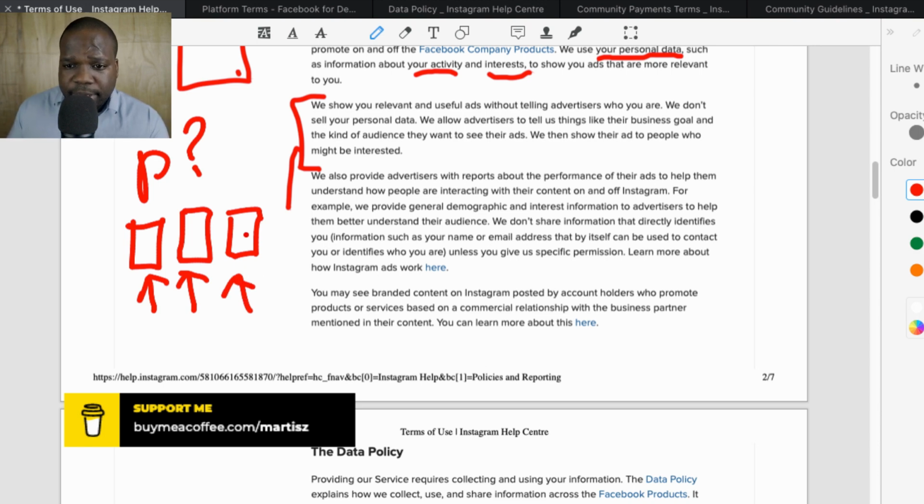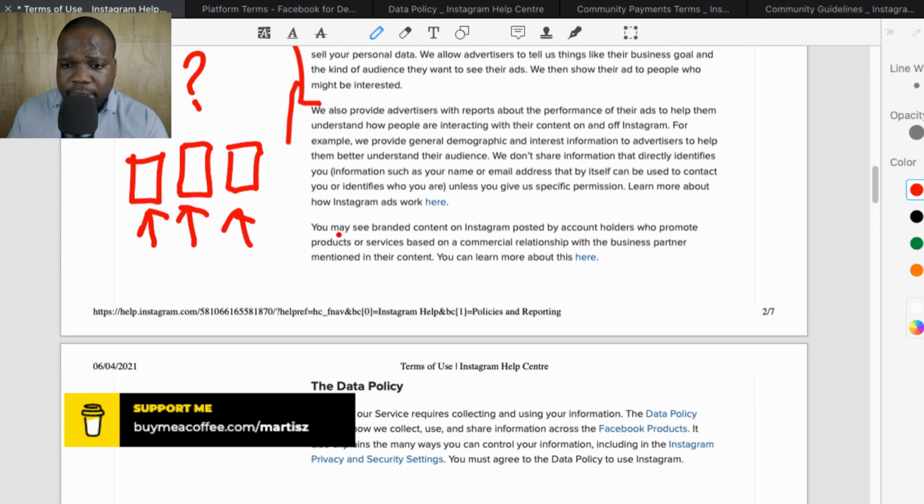So here they say how they do that. The question is, is it reliable or not? You do not know. But we provide general demographic and interest information to advertisers to help them better understand their audience. We do not share information that directly identifies you, information such as name and email address that by itself can be used to contact or identify who you are, unless you give us specific permission.